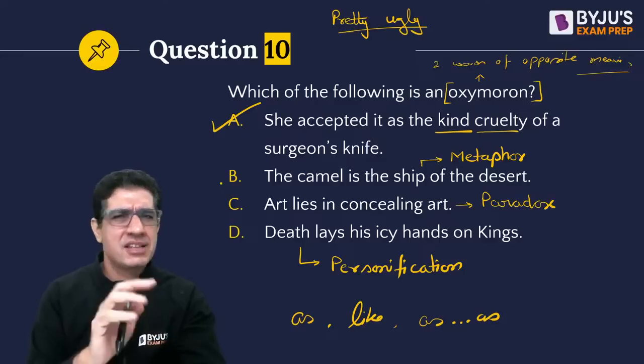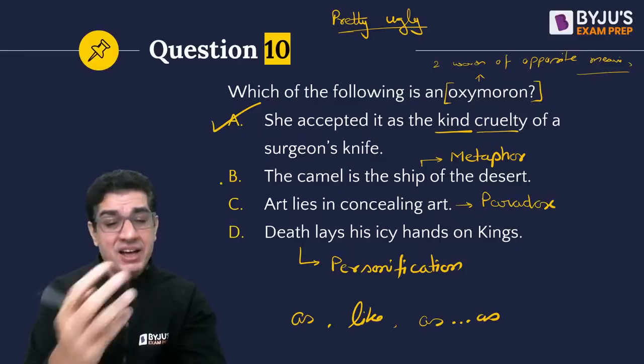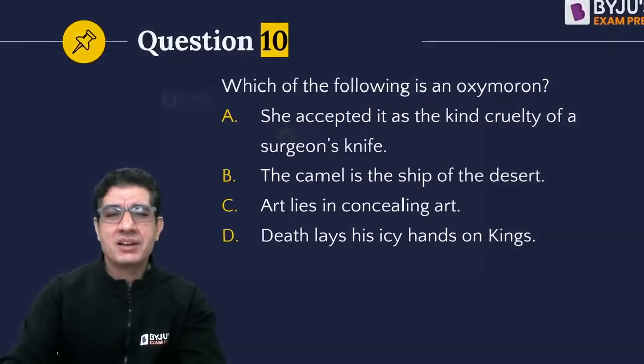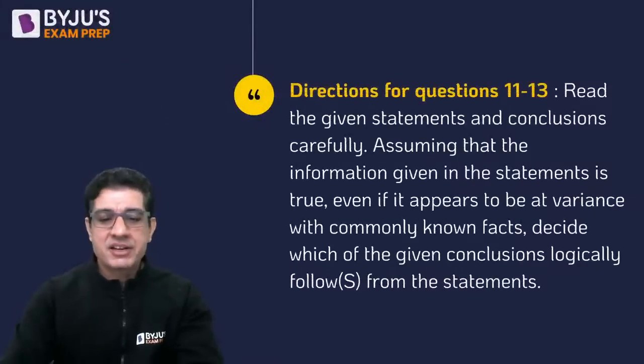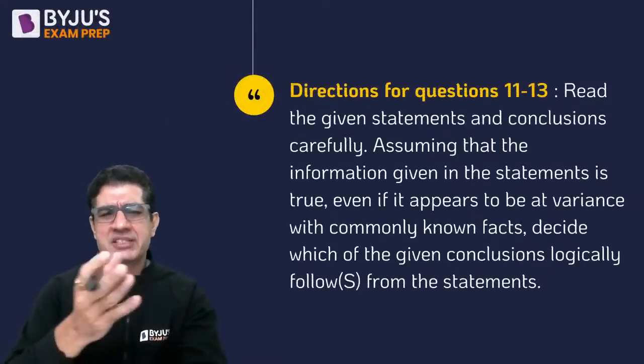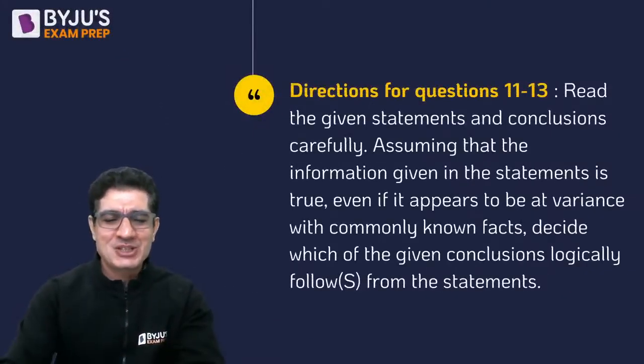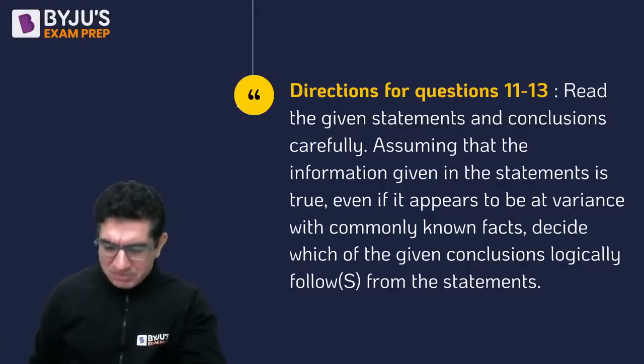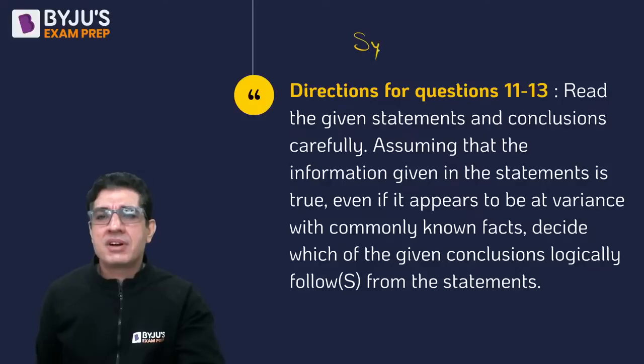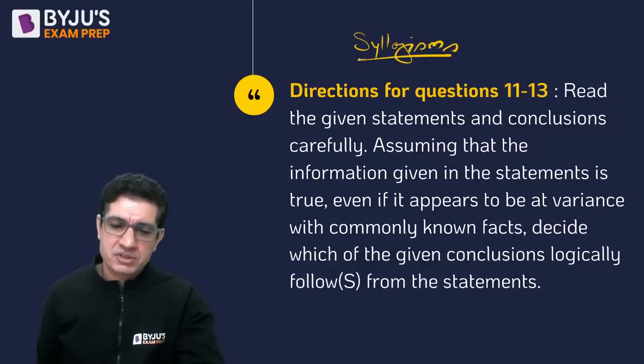In antithesis, they are not; they are contradictory. Okay, so with that, let us get into our next three questions. Otherwise, this will become a class on figures of speech. Just to save you time, the next three questions are basically syllogisms.